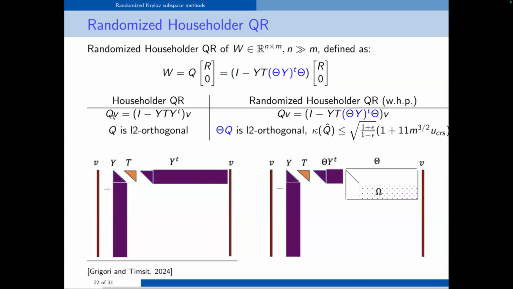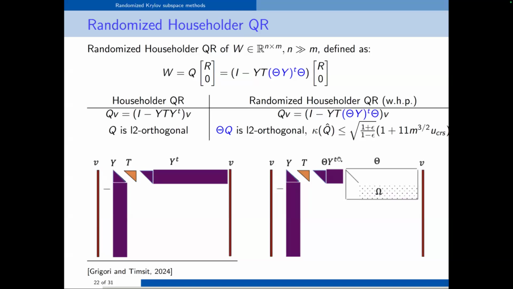So when we apply Q to a vector, we would be performing this operation. In the randomized Householder QR, we obtain a representation in which the second term depends on the sketches of the Householder vectors.